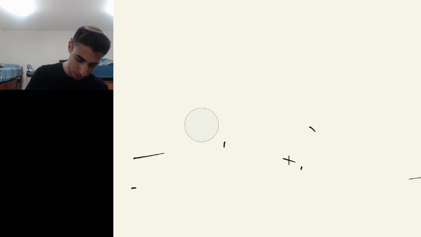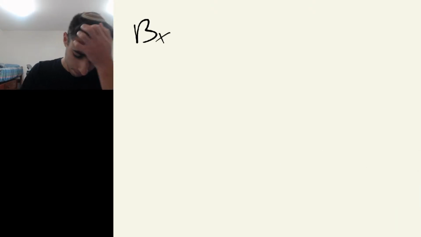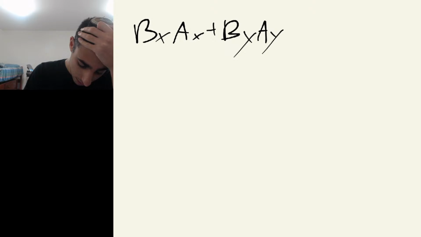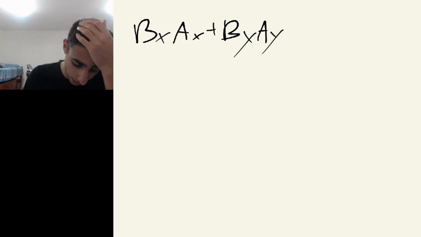So let's show this. We could show that bx times ax plus by times ay. Bz we could just say is 0, so plus 0 essentially, because bz would be 0, equals 0.